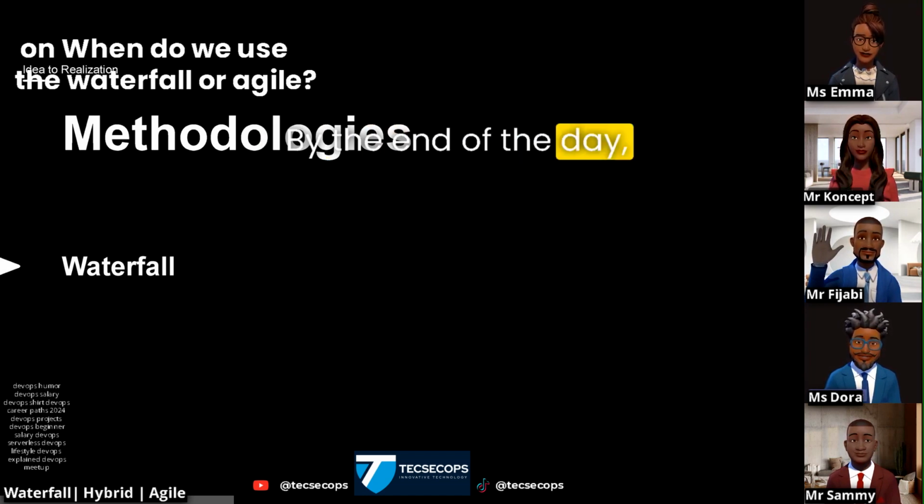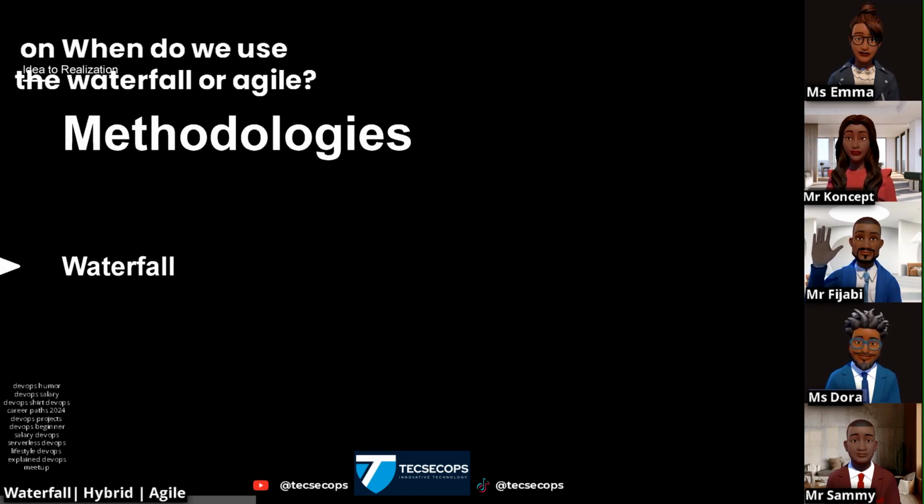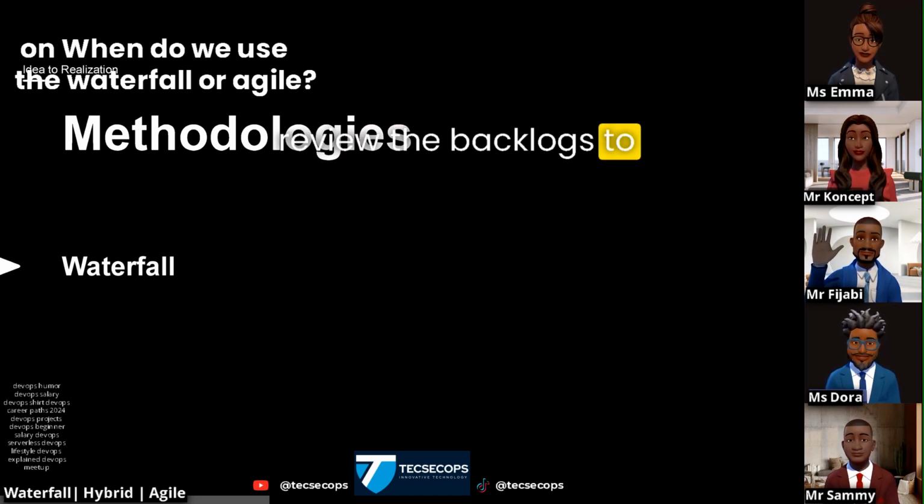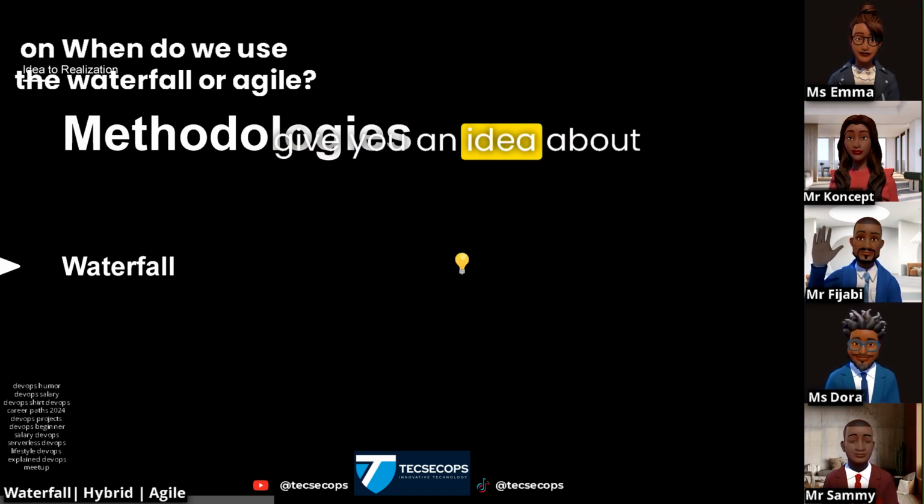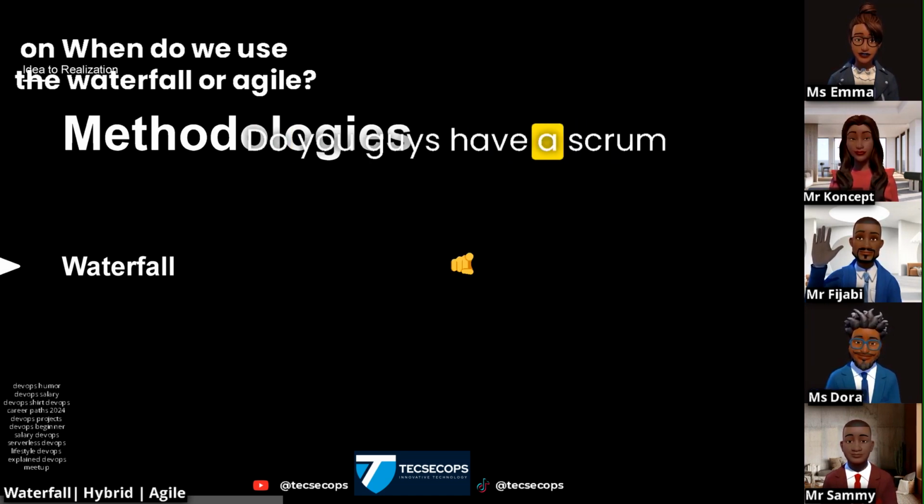At the end of the day, you guys have to deal with all these tasks and conversations. There are certain conversations I don't need to know about. So all I know is once you review this, you also review the backlogs to give you an idea about which approach to follow. Do you guys have a Scrum Master?